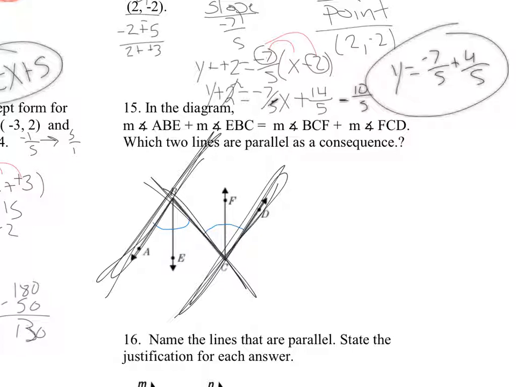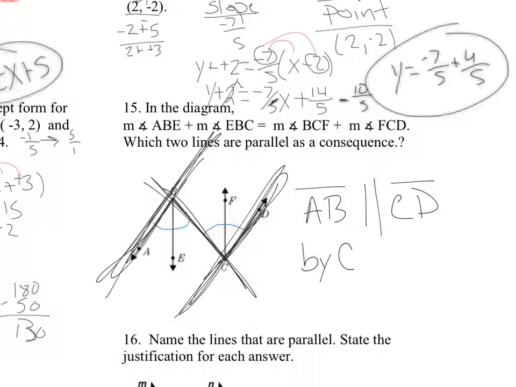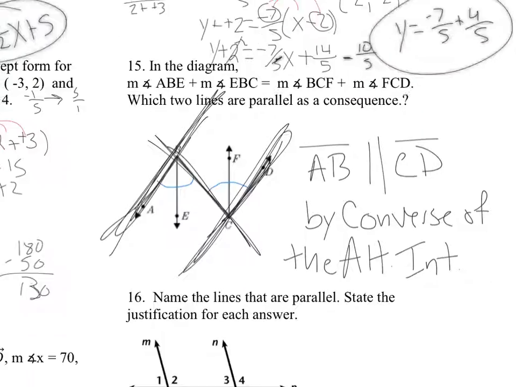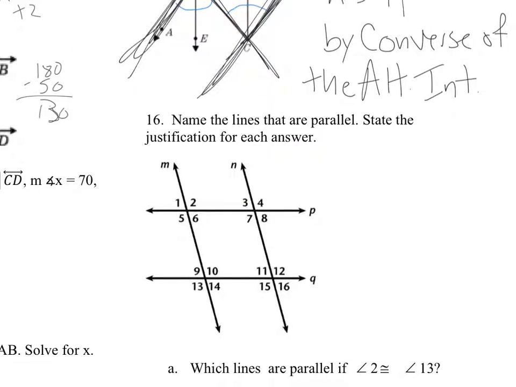And if they are alternate interior, that proves that this line, which is AB, is parallel to this line, which is CD. And that's technically by the converse of the alternate interior angle theorem. But that's basically what you have to know and which lines would be parallel.